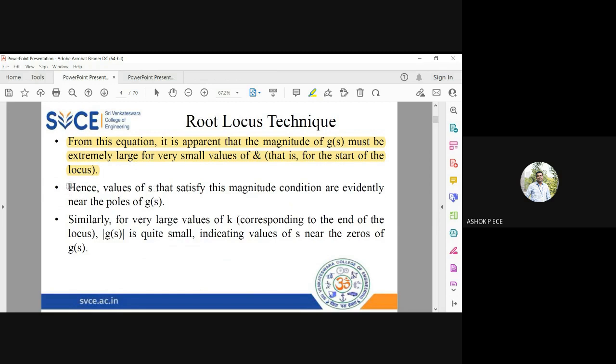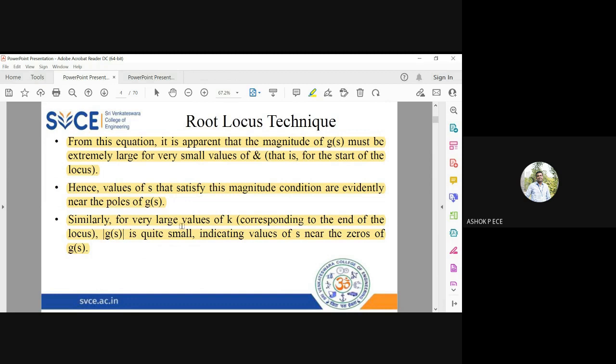Hence the different values of s that satisfy the condition are evidently near the poles of G(s). So the first step in root locus is identifying the poles and zeros and plotting them. Similarly, when the value of K is large, G(s) will be small, so it is going to end near the zeros.